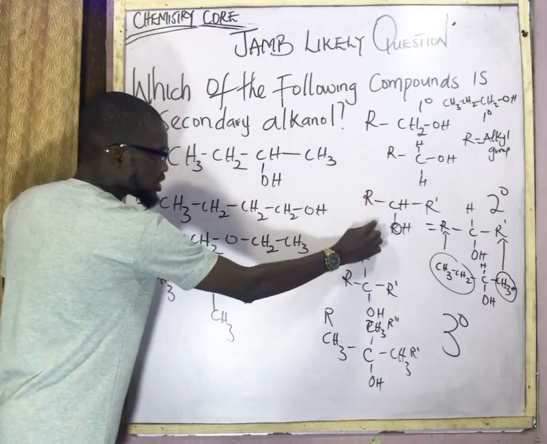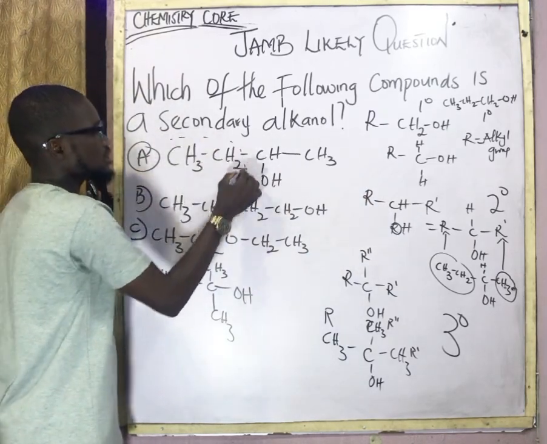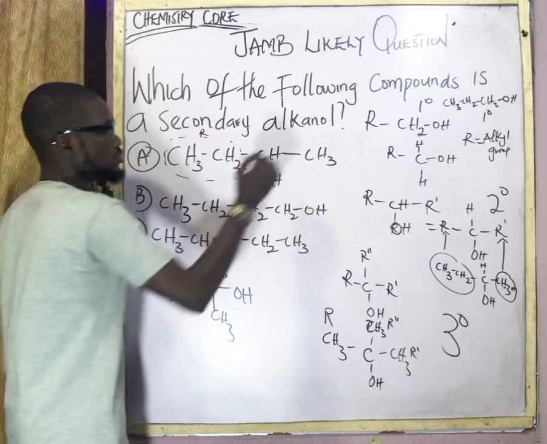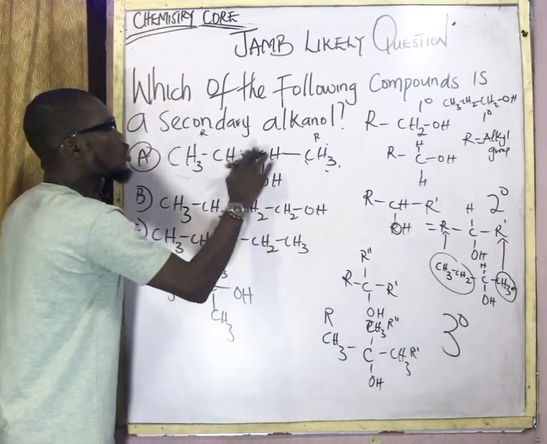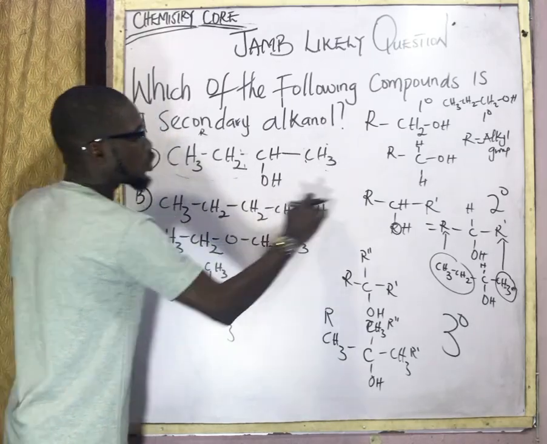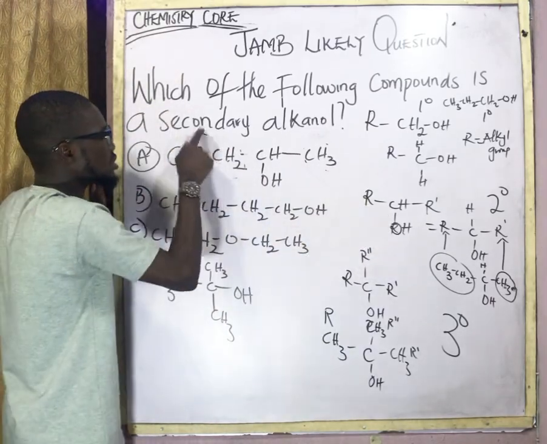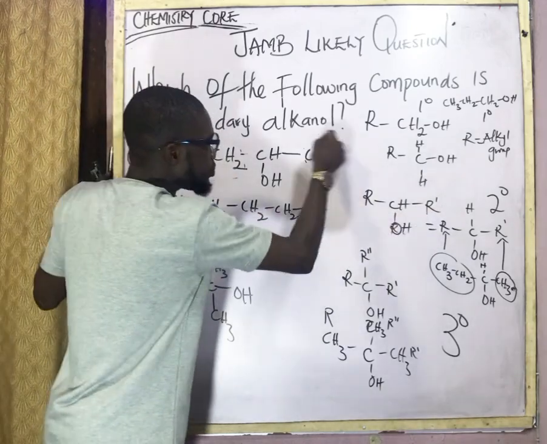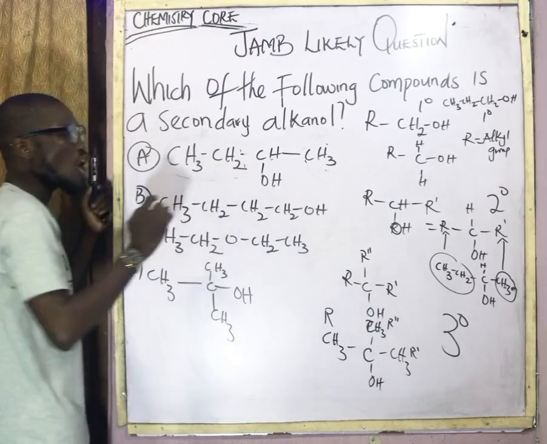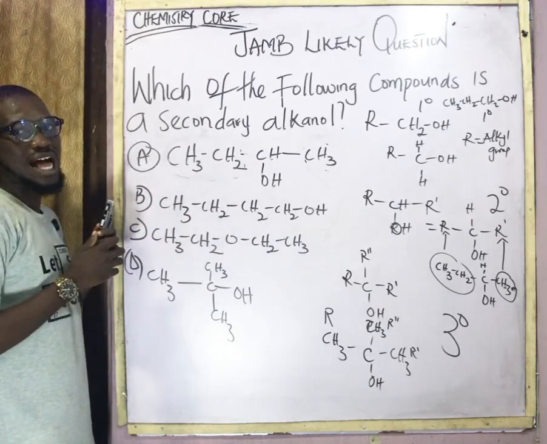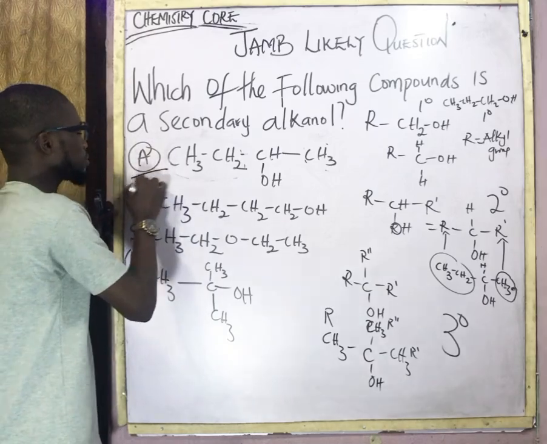This represents this because we have this to be R. We have this to be R. The arrow pictures this, the second arrow pictures this, and in between we have CHOH. So option A is the correct answer, which pictures the secondary alcohol, option A.